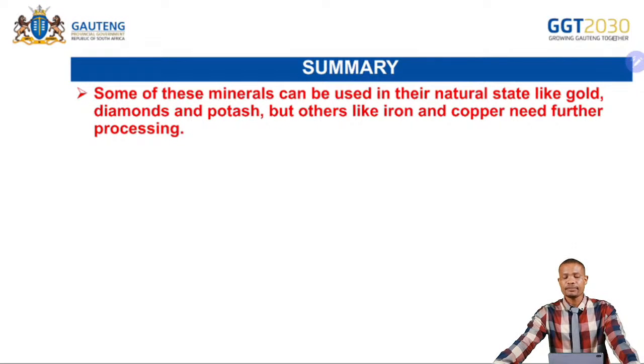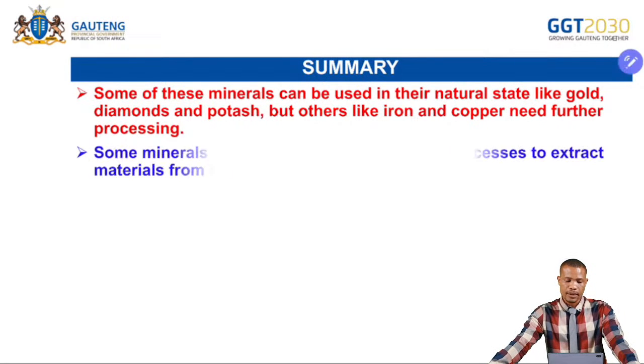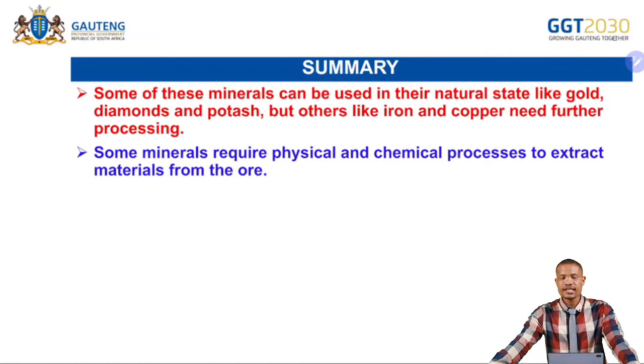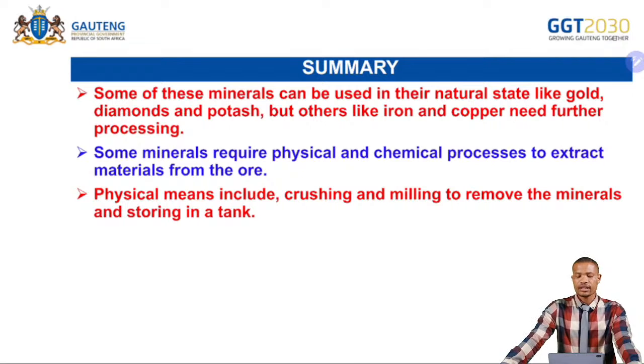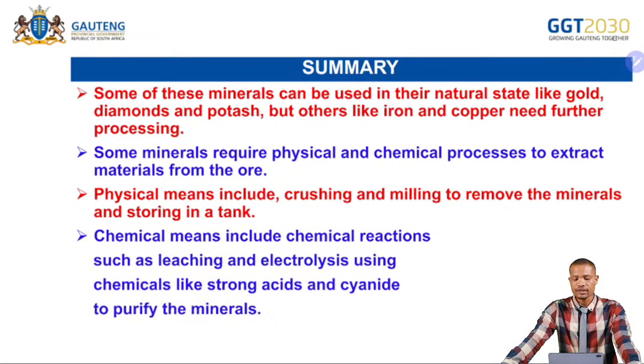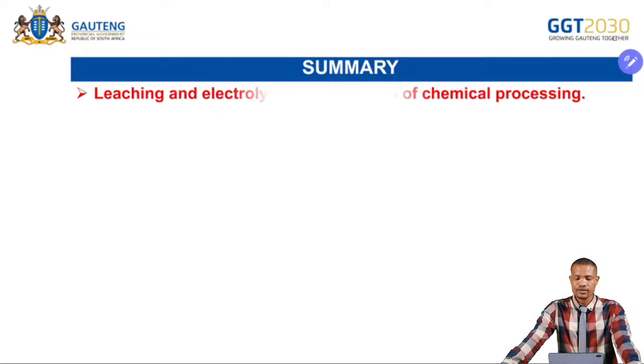Some of these minerals can be used in their natural state, like gold, diamonds, and potash, but others, like iron and copper, need further processing. Some minerals require physical and chemical processes to extract minerals from the ore. Physical means include crushing and milling to remove the mineral and storing in a tank. Chemical means include chemical reactions such as leaching and electrolysis using chemicals like strong acids and cyanides to purify the minerals.